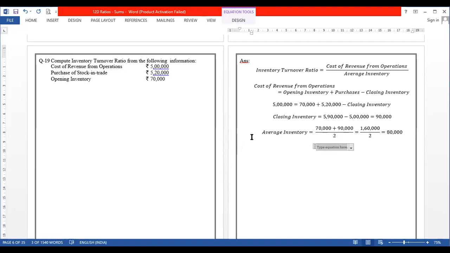I have average inventory with me. I can calculate inventory turnover ratio. Okay. So inventory turnover ratio will be equal to COGS, which was 5 lakh rupees, to be divided by average inventory, that is 80,000. 6.25 times. 6.25 times. That's very correct.